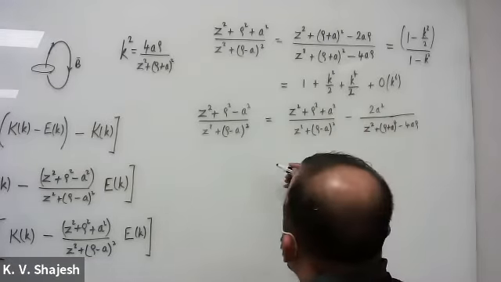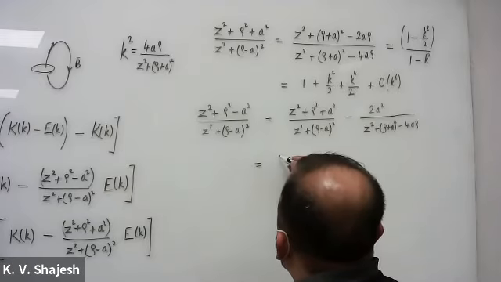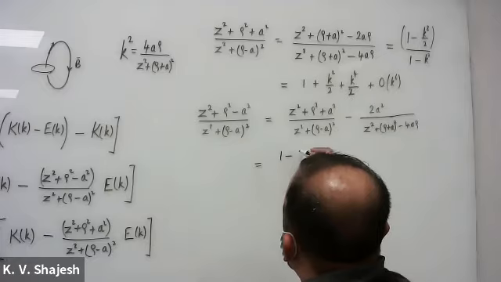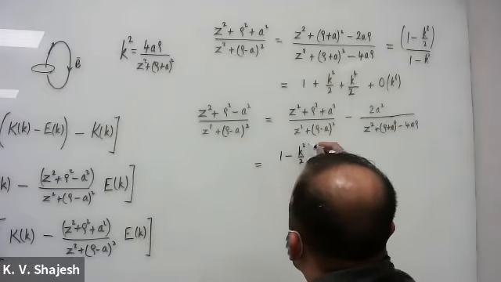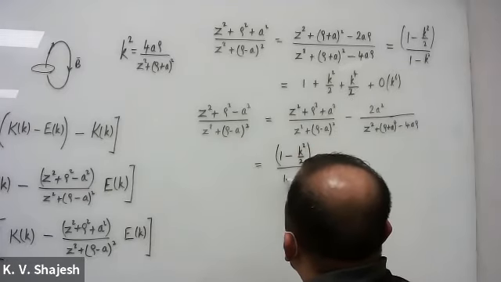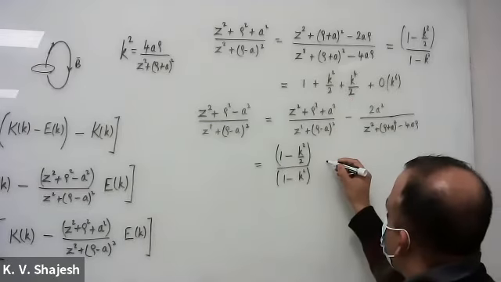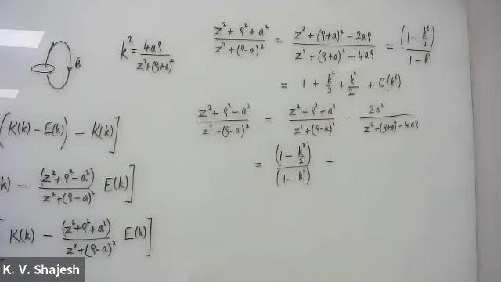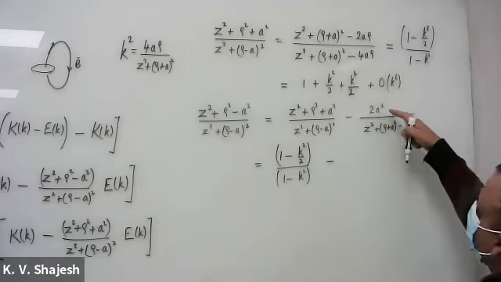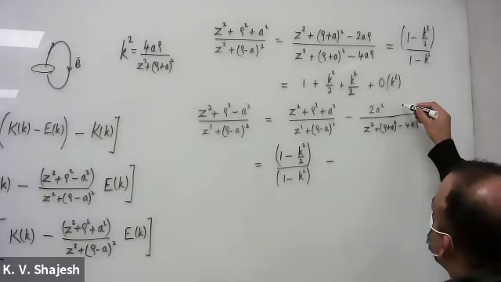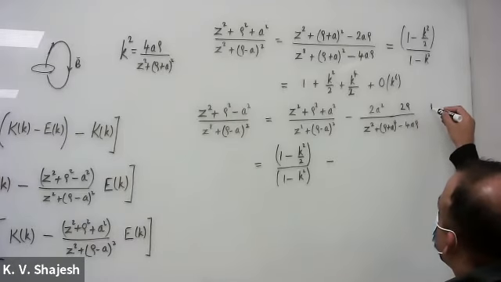This one I already know what it is. This is equal to 1 minus k²/2 in the exact form. And here, we want to be careful. Now I want a 4aρ, right? Only then can I identify it as a k². So I multiply by 2ρ and then divide by 2ρ.